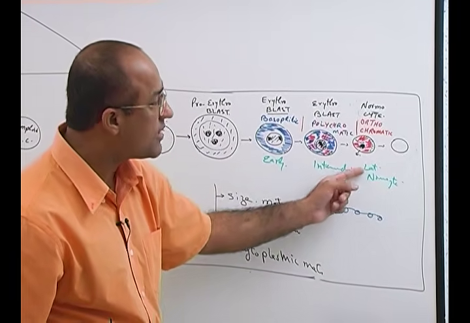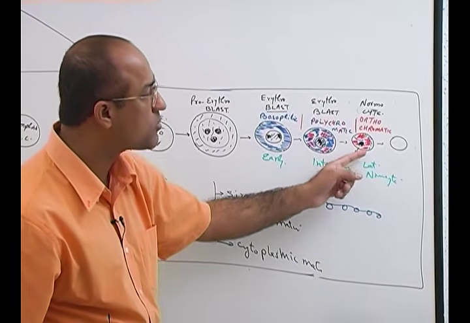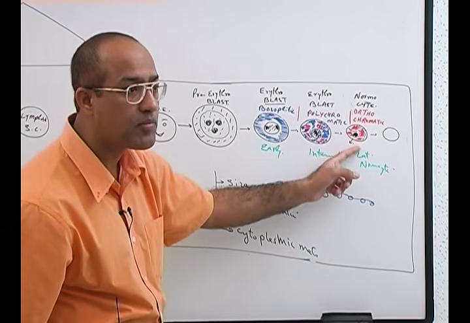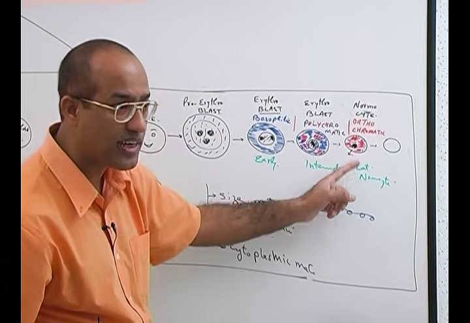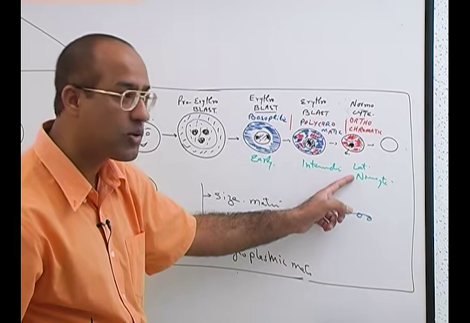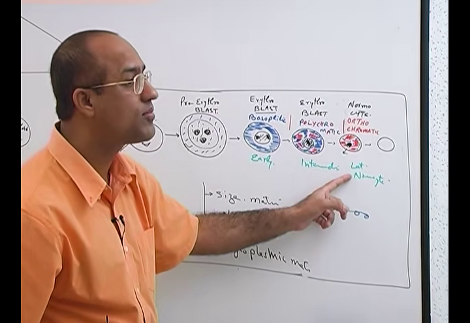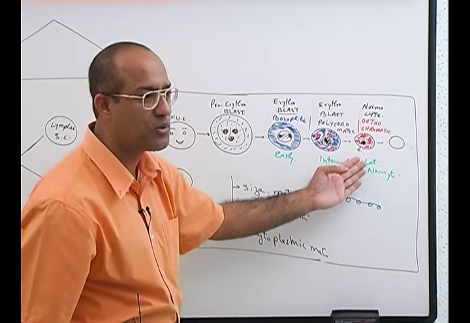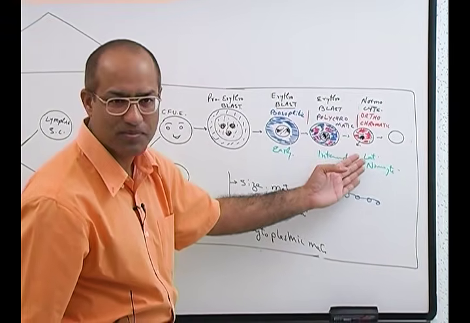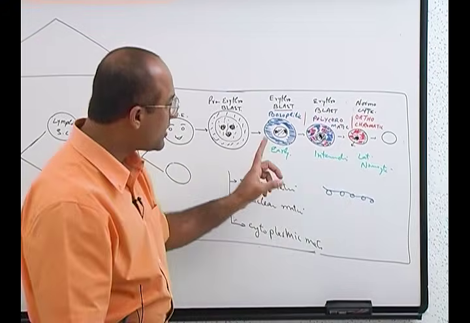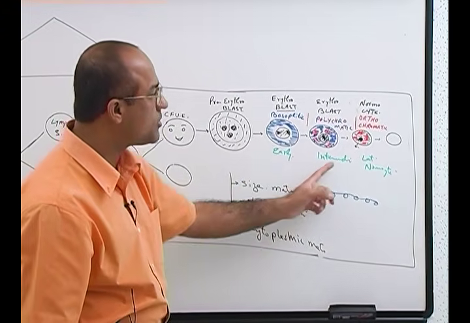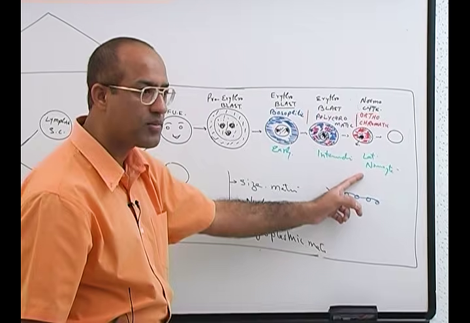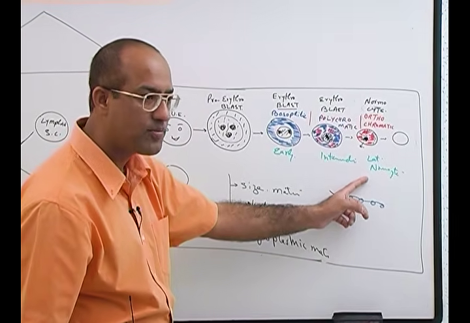Why this confusion? In many books they write it as blast, but usually it does not undergo mitosis. That is why I write blast, because books write blast, but actually it is not a blast because it does not proliferate. It is about to lose its nucleus, and anyone who loses the nucleus is not going to proliferate. So one nomenclature is early, intermediate and late normoblast, but late normoblast should be called normocyte.